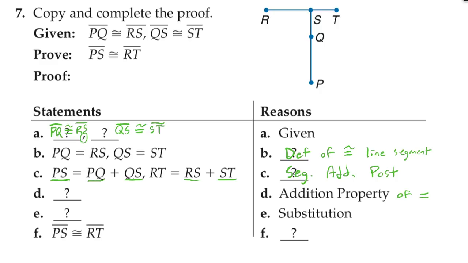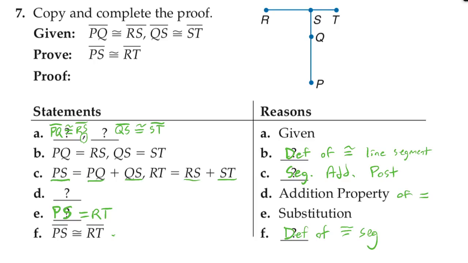What did they do to get the addition property of equality here? PQ plus QS, and then substitution to get, and so I know at the end here, the way they got this was congruent. I'm just jumping ahead. That's going to be the definition of congruent segments. And so the statement before, I know the only way to get there right now is that PS equals RT.